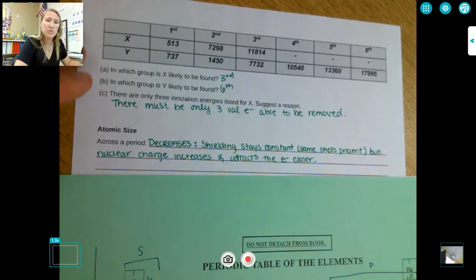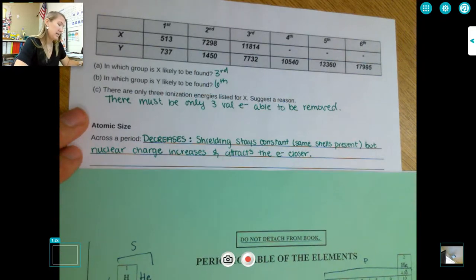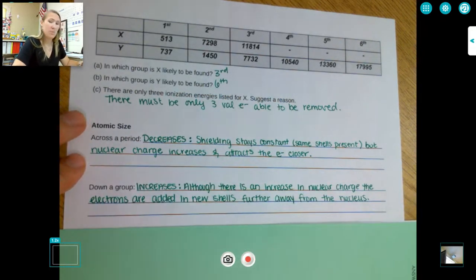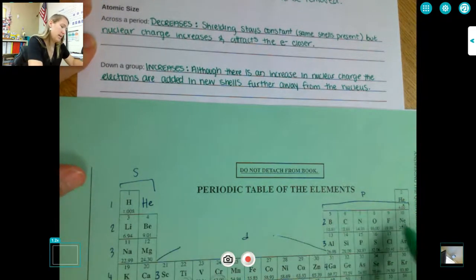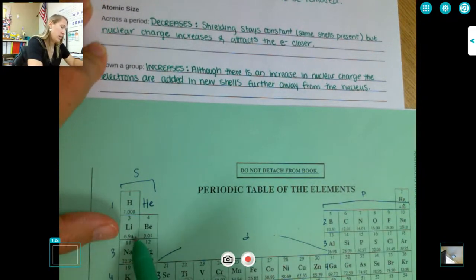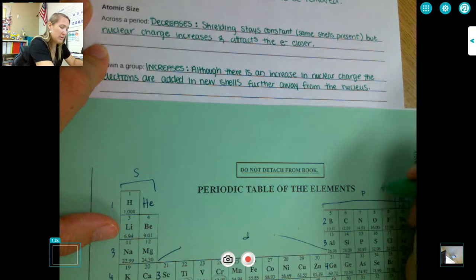All right, so moving on to our next trend in the periodic table is atomic size. So atomic size is how big our elements are. As we move across a period, we are having an overall size decrease. And we know that helium and fluorine are some of our smallest elements.